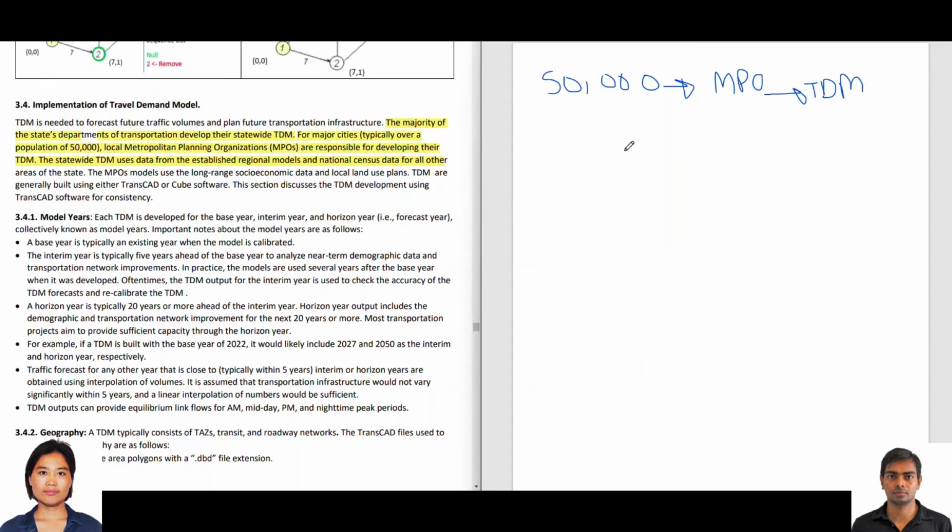So what we have is, if I can draw very crudely Texas, please ignore my drawing skills with the mouse.